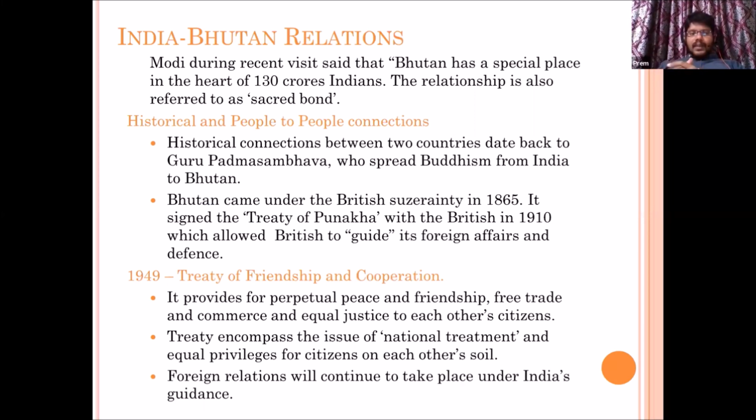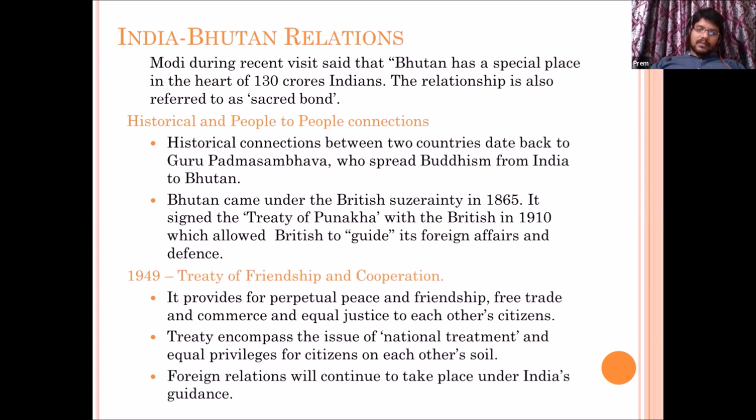So now we will see the different aspects, like how the relationship developed historically. Okay, so first, historically, how has it been with Bhutan? Bhutan initially used to be a separate kingdom, till the British held a completely dominant power in India. By 1865 the British became a powerful empire in the entire India, and Bhutan used to have a separate king.